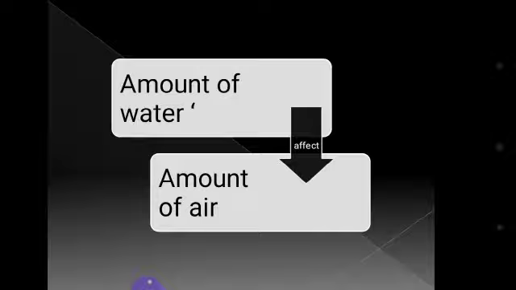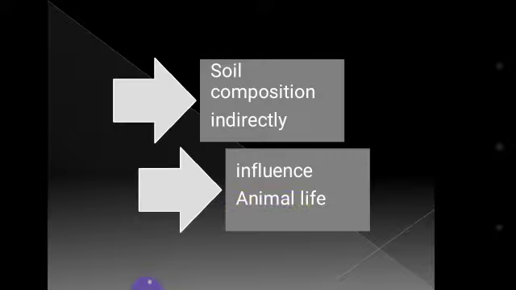Different plants grow in different types of soil. This depends on the composition of soil. The type of plant growing in a particular type of soil depends on the composition of soil. Thus, soil composition indirectly influences the animals' life living on it.